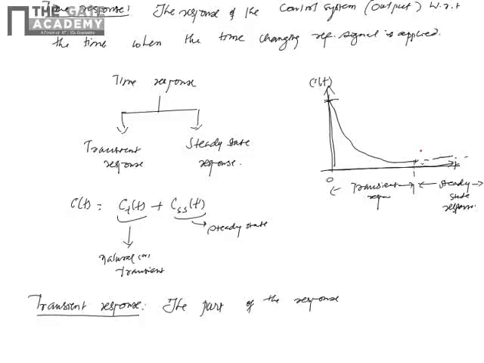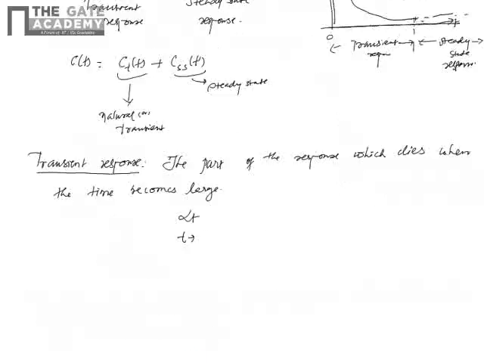That is the part of the response which dies out as time becomes large. That means limit t tends to infinity, Ct of t equals 0.